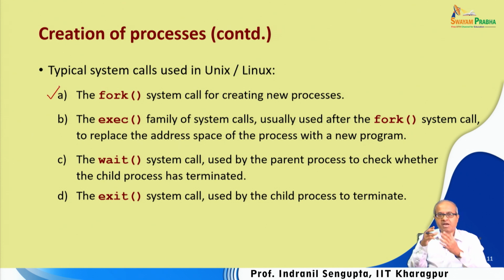But one thing remember, I am using this term system call. System call means whenever a process calls fork, suppose you write a program in C or C++, from there you make a function call to fork. So, what happens? From fork there is a call to the kernel which is made, and the kernel actually creates a new copy of the process.